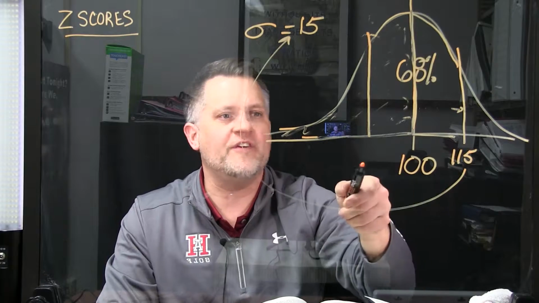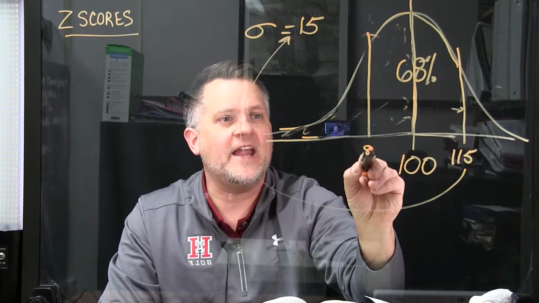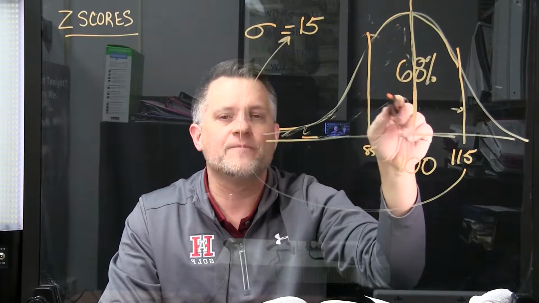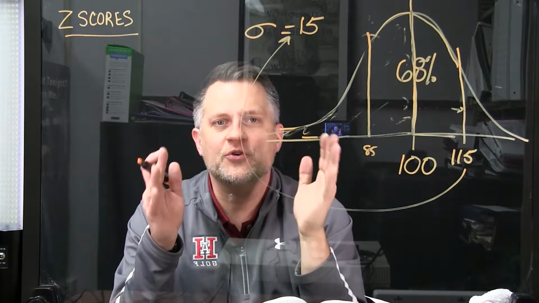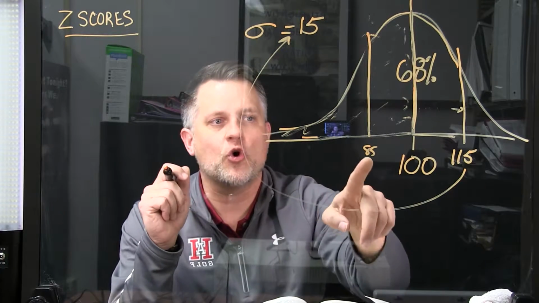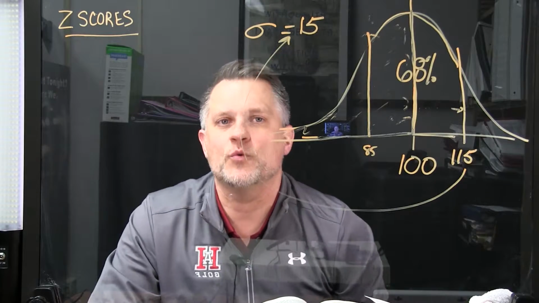So in this case, it'd be 115 and 85, right? If I took 15 from 100, I'd get 85, and that would encompass 68% of our observations. In other words, 68% of the people who take the IQ test score between an 85 and a 115. All right, so that's in essence what we're saying there.